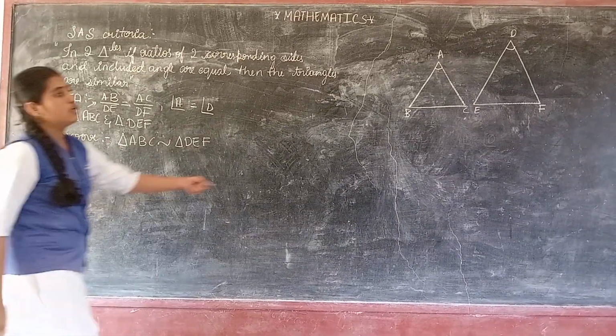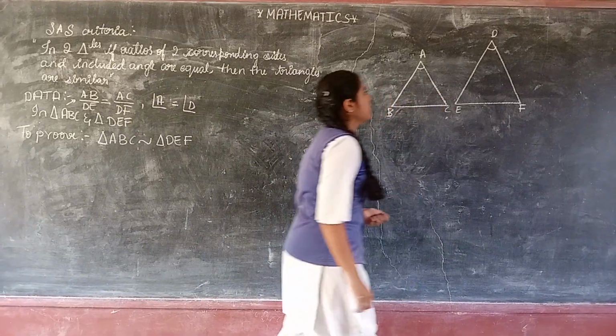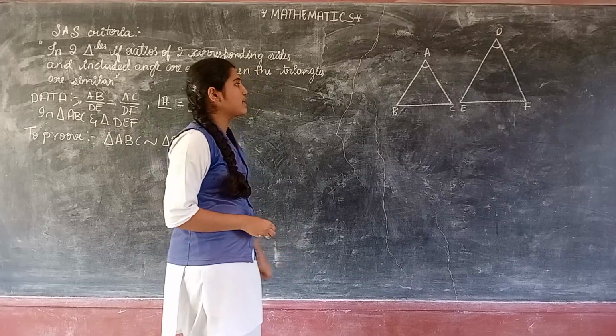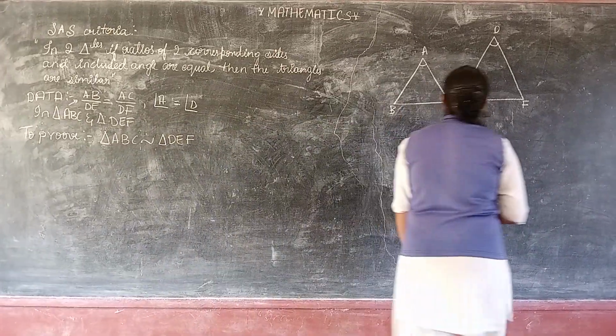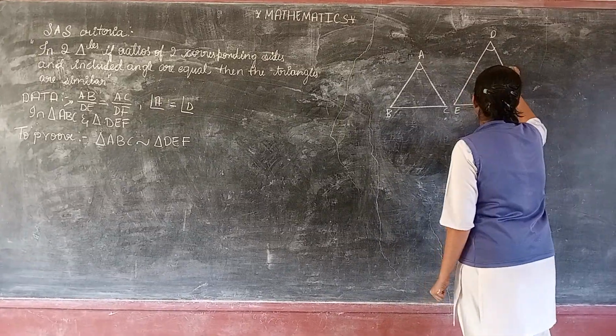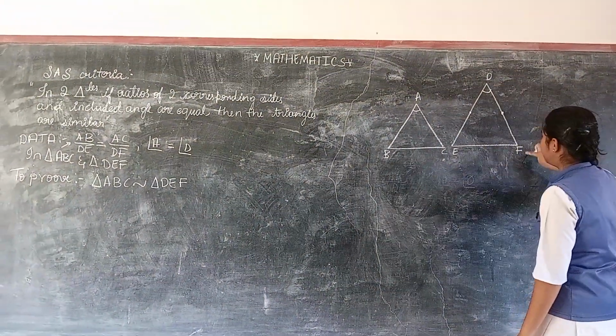Now, next step is the proof. But for the proof, if we see these two triangles, we can't do anything. So for that, I will do a small construction. What is the construction? I will mark two points on DE and DF.